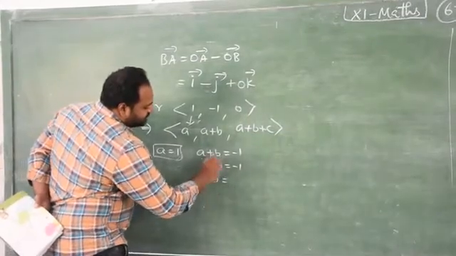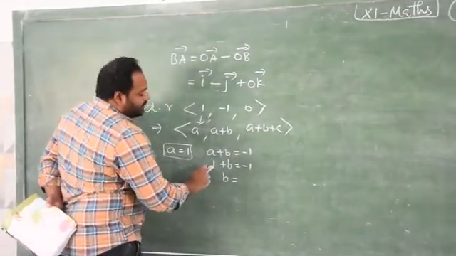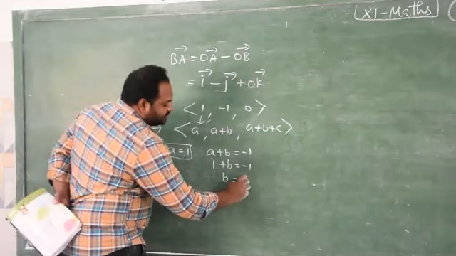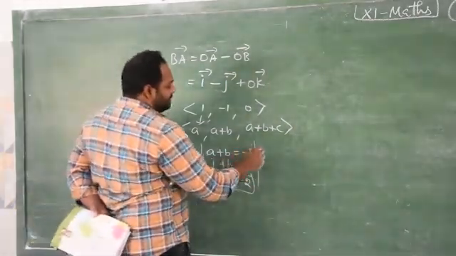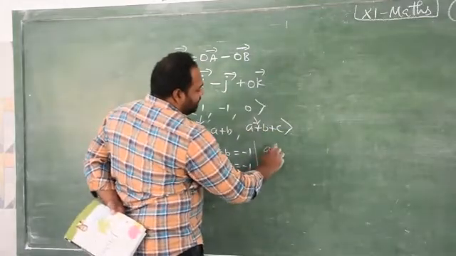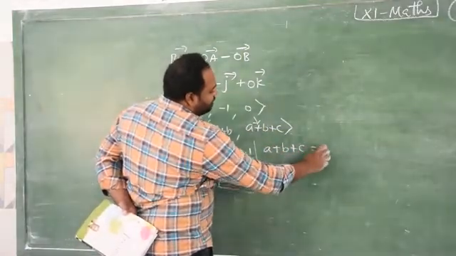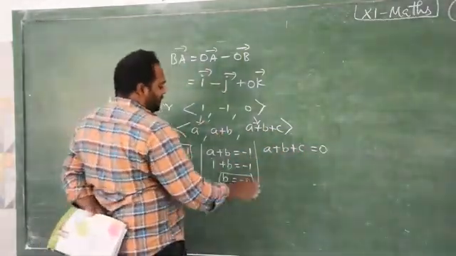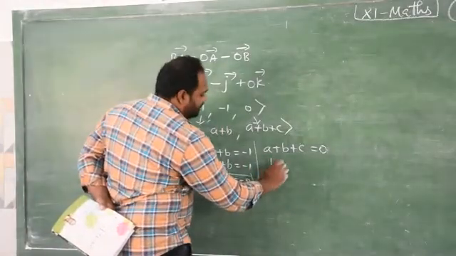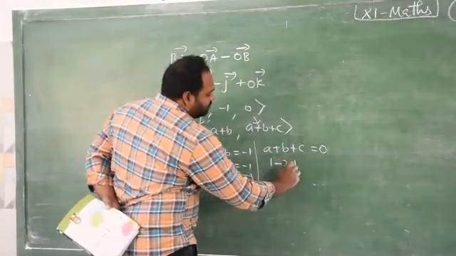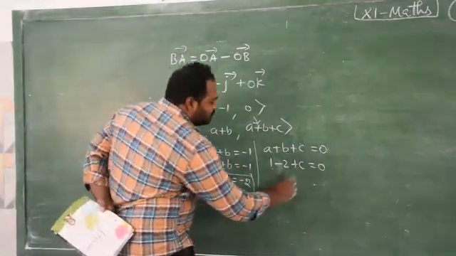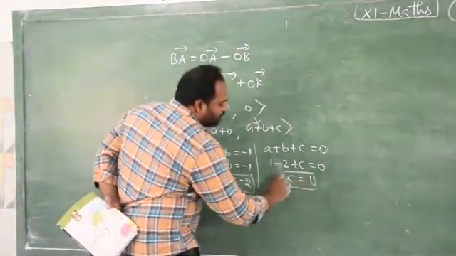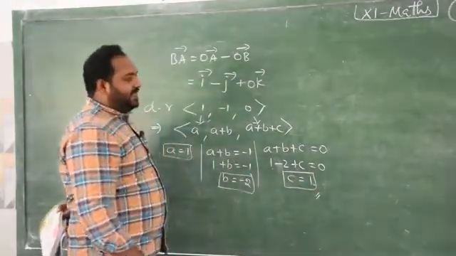If you carry this to the other side, minus 1 minus 1 becomes minus 2. Next, the third comparison, a plus b plus c equals 0. Here a is 1, b is minus 2, plus c equals 0. 1 minus 2 is minus 1, so c is equal to plus 1. So this is the second set of answers.